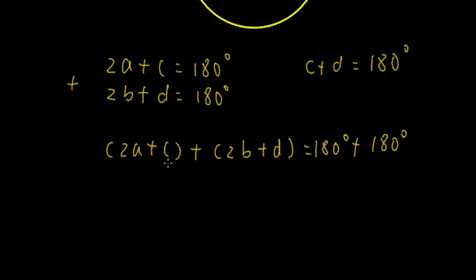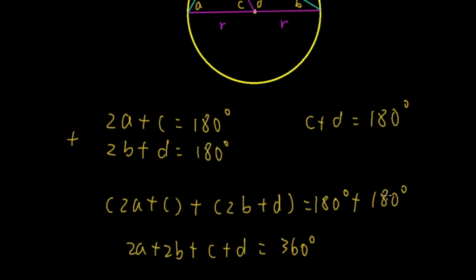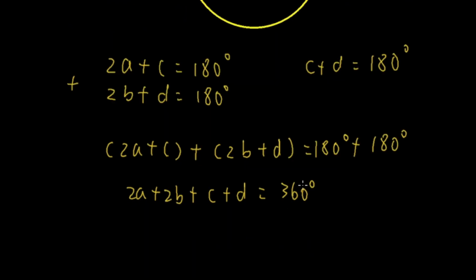So let's regroup this. We have 2A plus 2B plus C plus D is equal to 360 degrees. Now, we know that C plus D is 180 degrees, so we can replace it into here. 2A plus 2B plus 180 degrees is equal to 360 degrees.